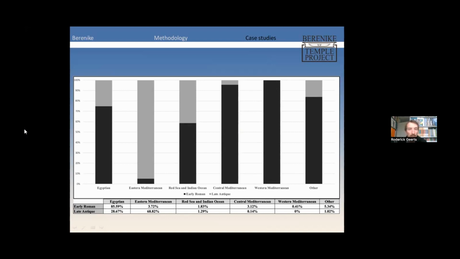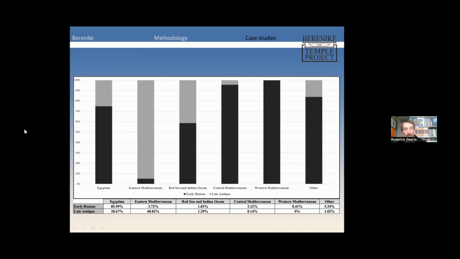You see a clear shift from material from Egypt to material from the Eastern Mediterranean, and also a drop in material from Central and Western Mediterranean. At least if you look at the bar chart, it looks significant, while essentially it's only a few percent difference, as you can see in the table below.